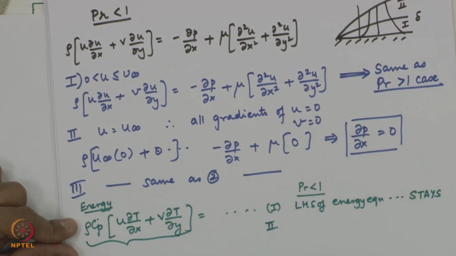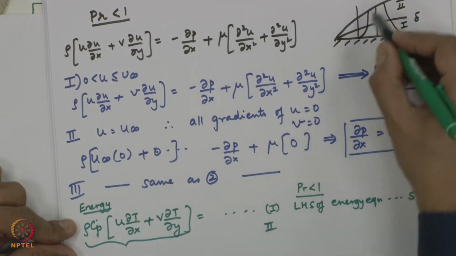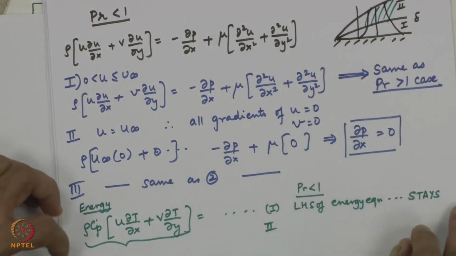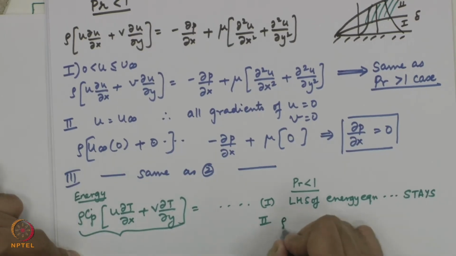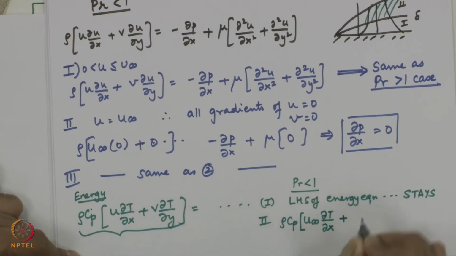Now, when I have Prandtl number less than 1, region 2, where I have velocity equal to u infinity but temperature varying, I have to solve this equation. What will I write? Rho Cp, instead of u, it will be a constant, times dT/dx. Now, look at this.